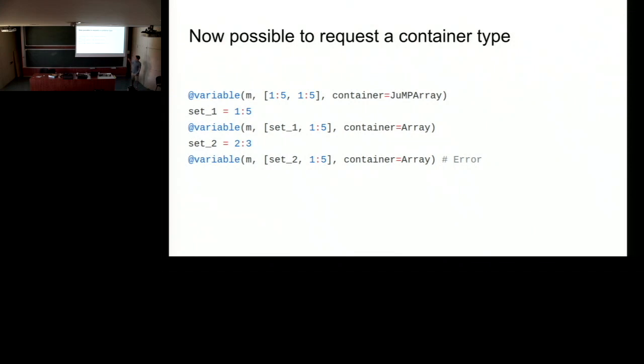So if you really want a JuMP array, you've designed the rest of your API to always work with JuMP arrays, and just in one situation, you happen to have something indexed by 1-based intervals, you can request a JuMP array. If you know that your sets are 1-based, you can say, I really want an array, and that will give you an error if the sets are not 1-based. So just a little more low-level control.